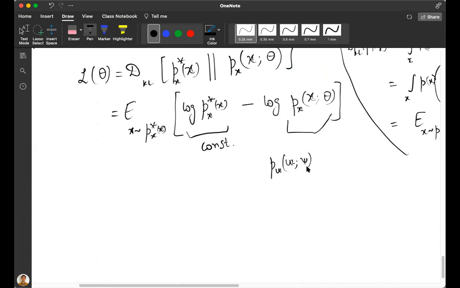If you don't have it, no problem. Times the mod determinant of the Jacobian of T inverse, at x, basically this phi. Did I make some mistake in writing this, or is it correct?